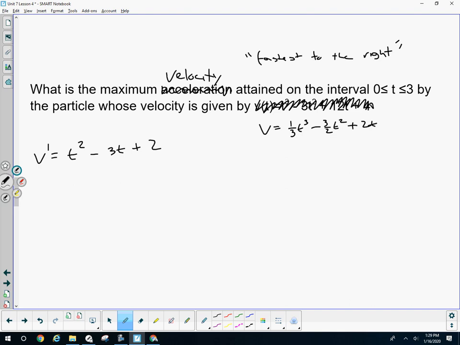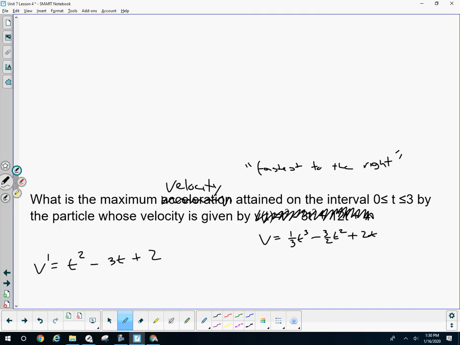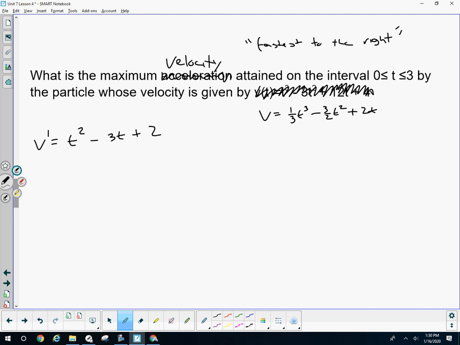All right. So there's the derivative. Please set that equal to 0. Like I gave you velocity, I asked you for the max velocity, take the derivative of velocity, set it equal to 0. I'm looking from 0 to 3, and I got 1 and 2.